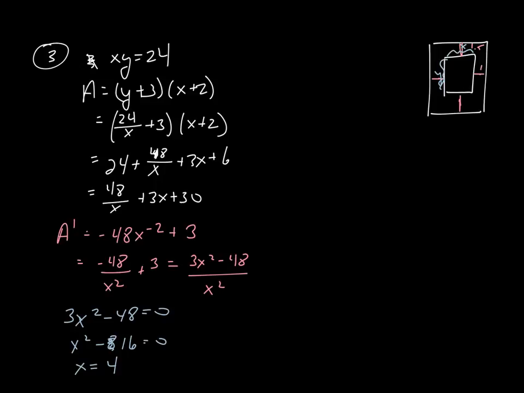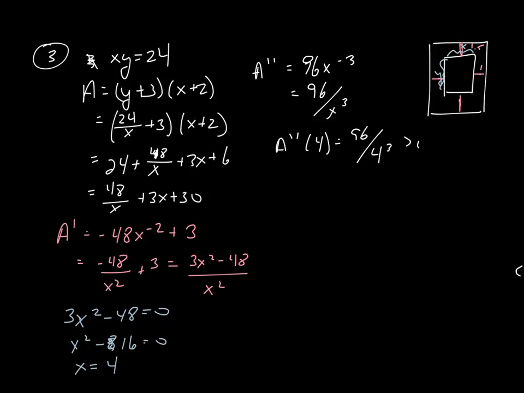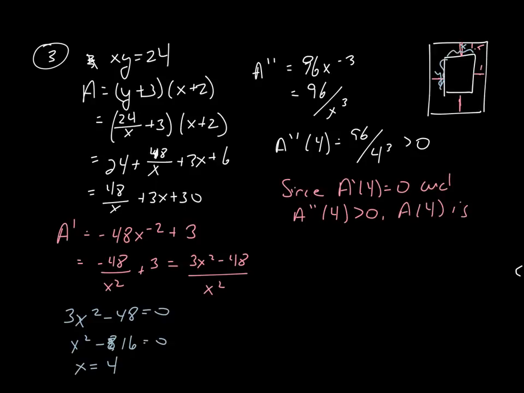Again, I'm going to use the second derivative test. And I've got A double prime is 96x to the negative 3, or 96 over x cubed. And A double prime of 4 is 96 over 4 cubed, which is definitely positive. So we can say since A prime of 4 equals 0 and A double prime of 4 is greater than 0, we've got our minimum.